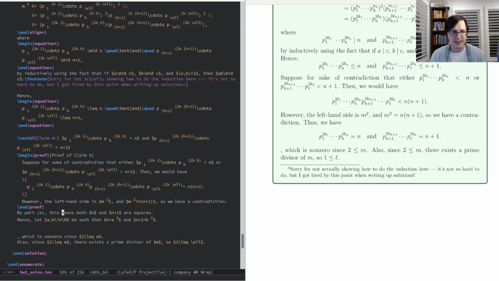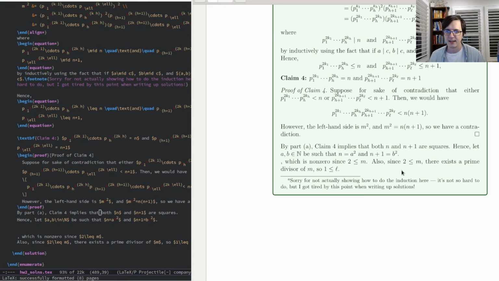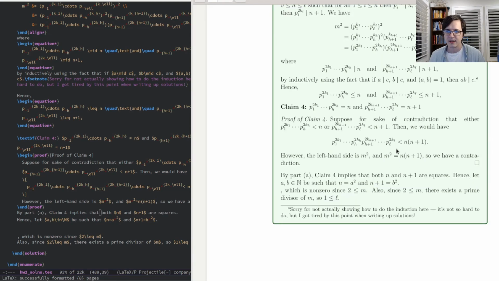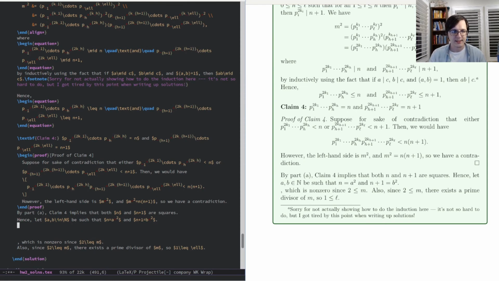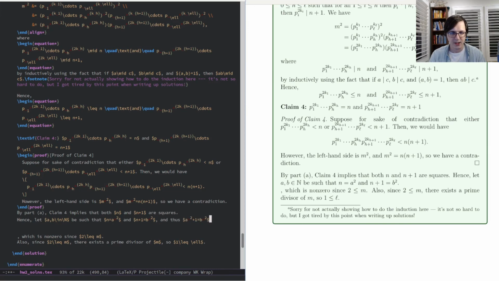Okay, so by part A, this claim 4 implies that both n and n plus 1 are squares. Yeah, that's clear, right? Okay, so hence what we have is that a squared plus 1 equals b squared. Let's make that flow better.